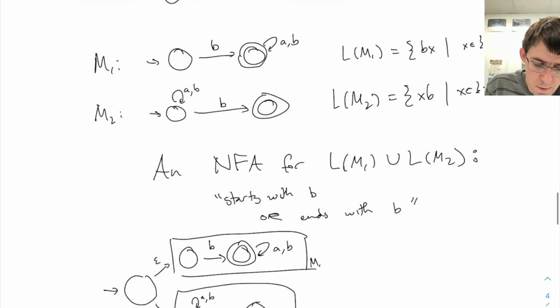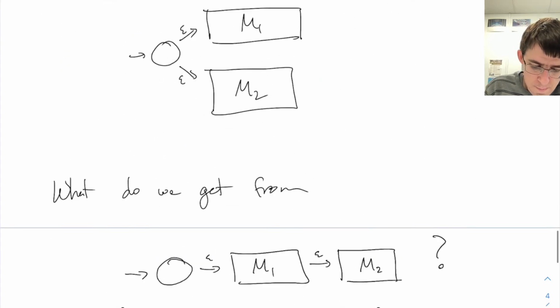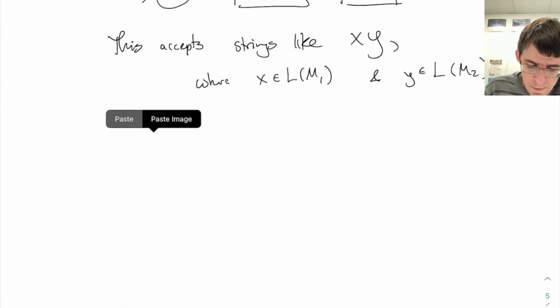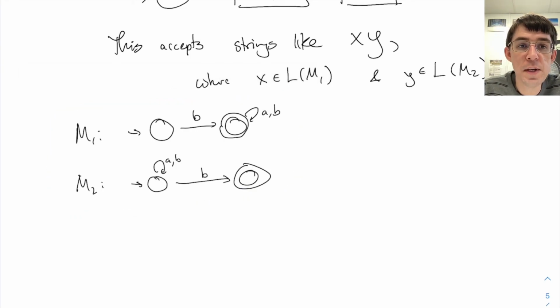Sorry, I know this is hard for you to do on your paper. What does it look like when we do this? M1 says you start with a B, and then you can do anything you want. That's M1, and then I want to follow that immediately by M2.